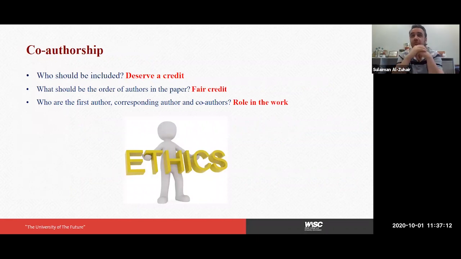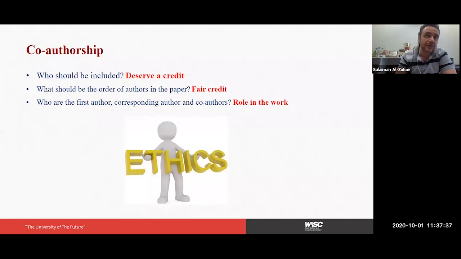Co-authorship is something you need to think of when you decide who is going to be involved in the publication you intend to do. And here, ethics should play a major part. You should only include people who deserve to be on the paper, and the order of those authors and their role on the paper should be clear.